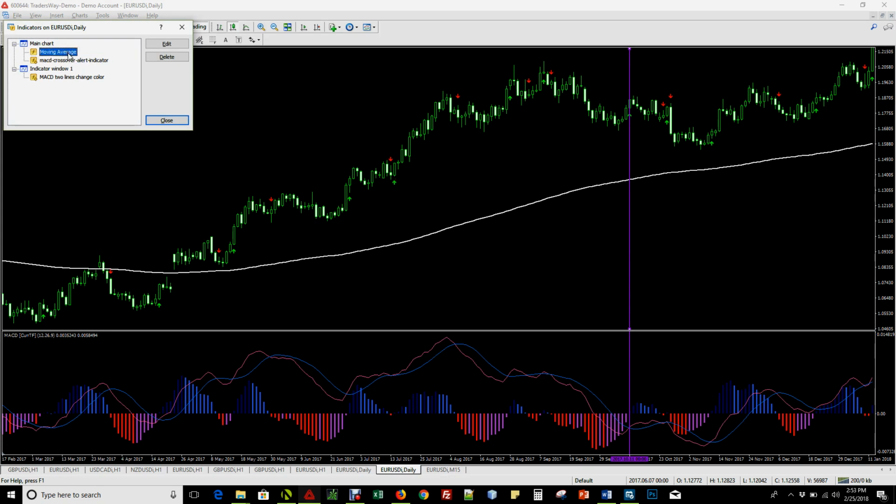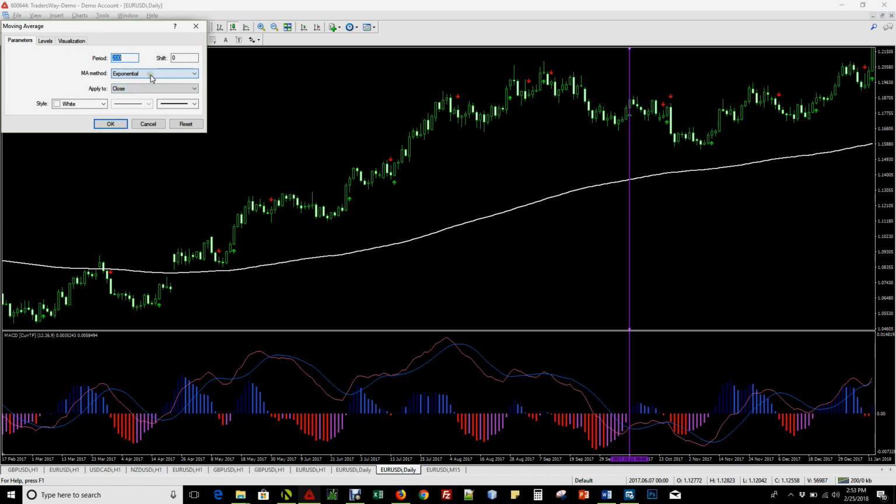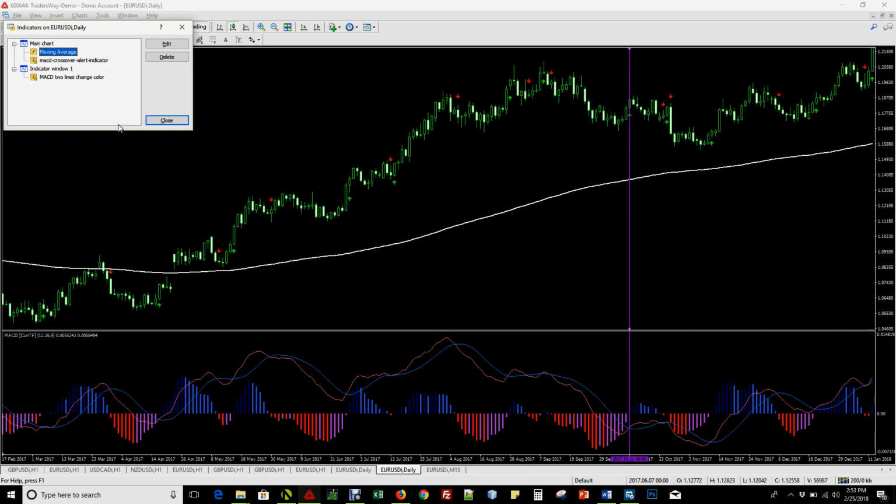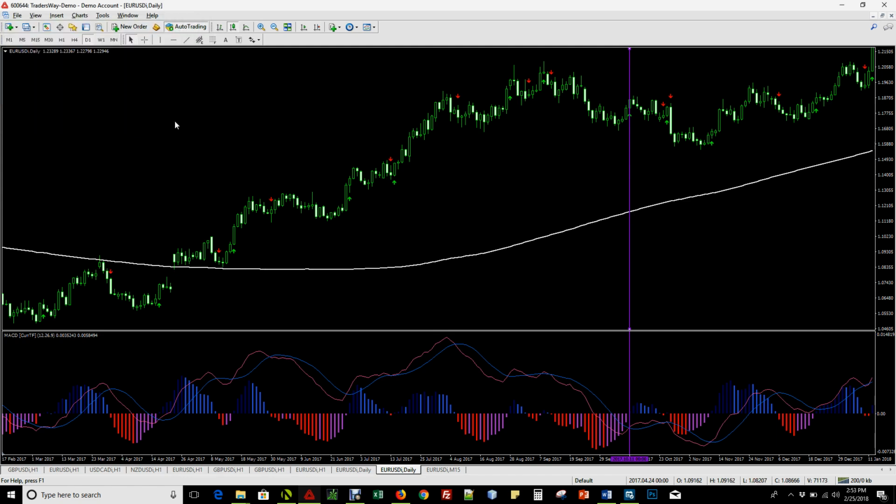Then we have a moving average, set to simple, with period 200. I chose white, but you can use whatever color you want, and I chose the second thickness so you can see it a little clearer. That's just personal preference. Those are the only three indicators.